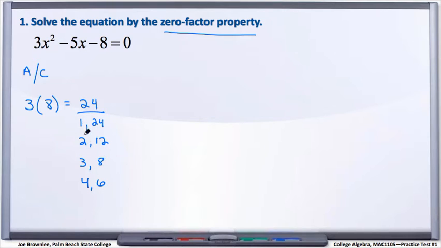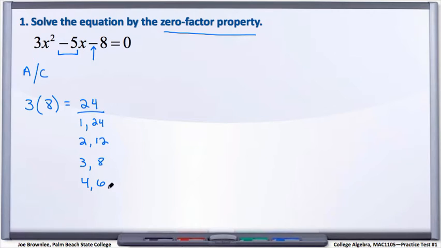All right, now that we have all of our factors of 24, we want to ask ourselves: using these factors, is there a way I can use subtraction, because the last sign on the left-hand side is a minus, to get a -5?